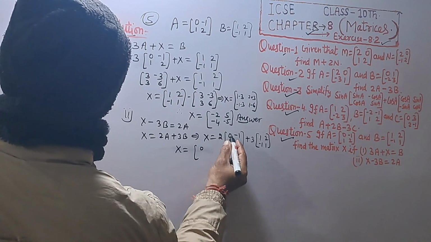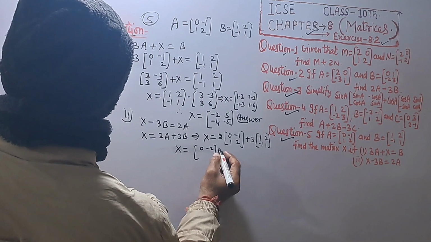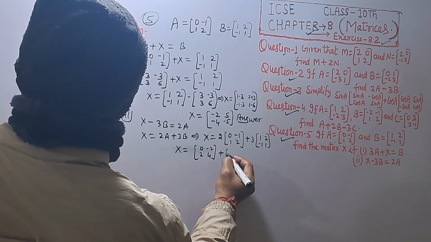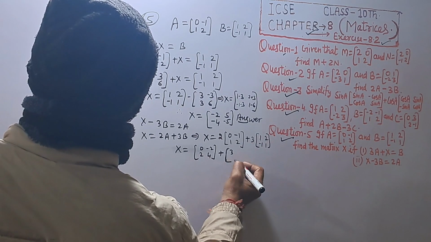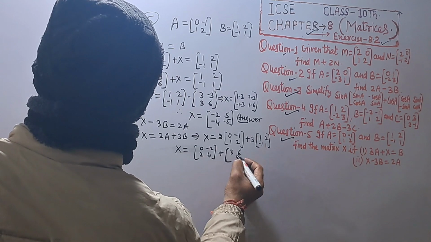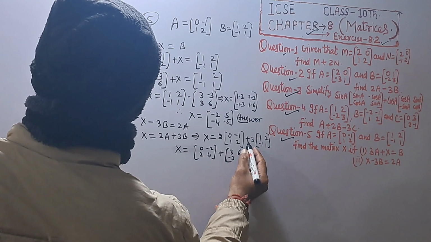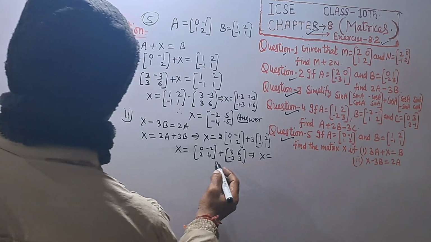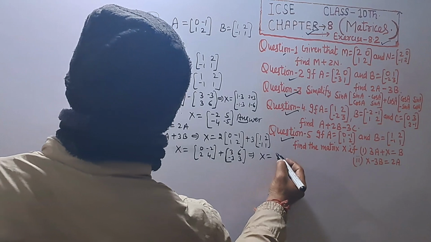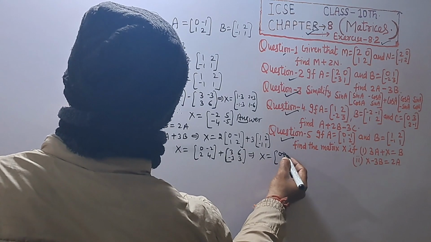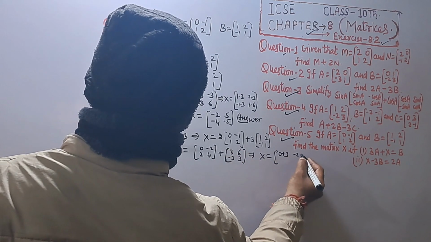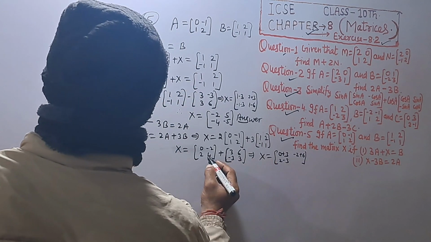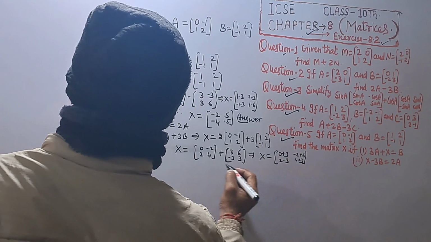X equal to 2 into 0 is 0, -2, 2 1s are 2, 2 2s are 4, plus 3 into 1, 3, 3 2s are 6, 3 1s are minus 3, 3 1s are 3, which implies X equal to 0 + 3, -2 + 6, 2 - 3 and 4 + 3.